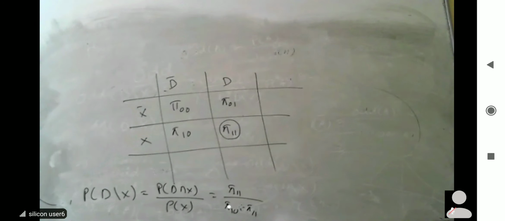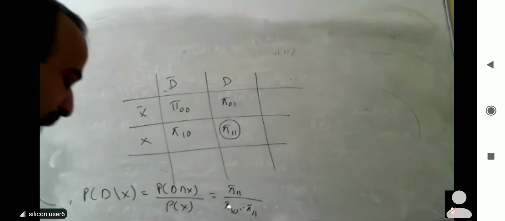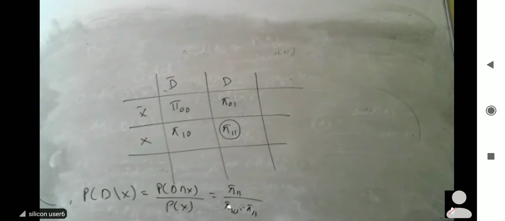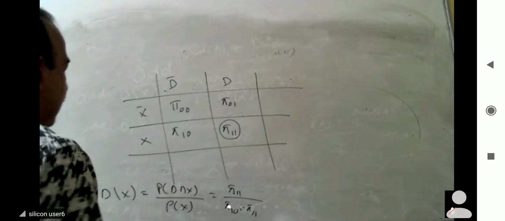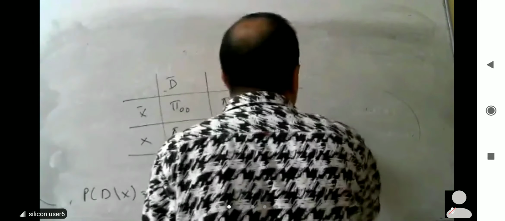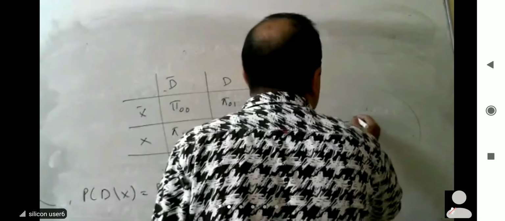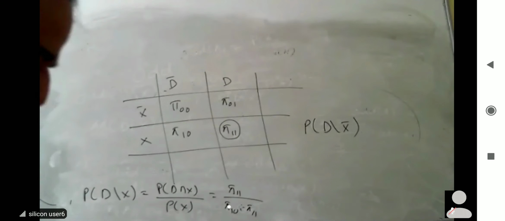Last class we discussed independence. Yes, sir. Now my question is to find the odd ratio. For the odd ratio, I have taken P of D by X. What have I taken next? D condition X bar. What is the formula?